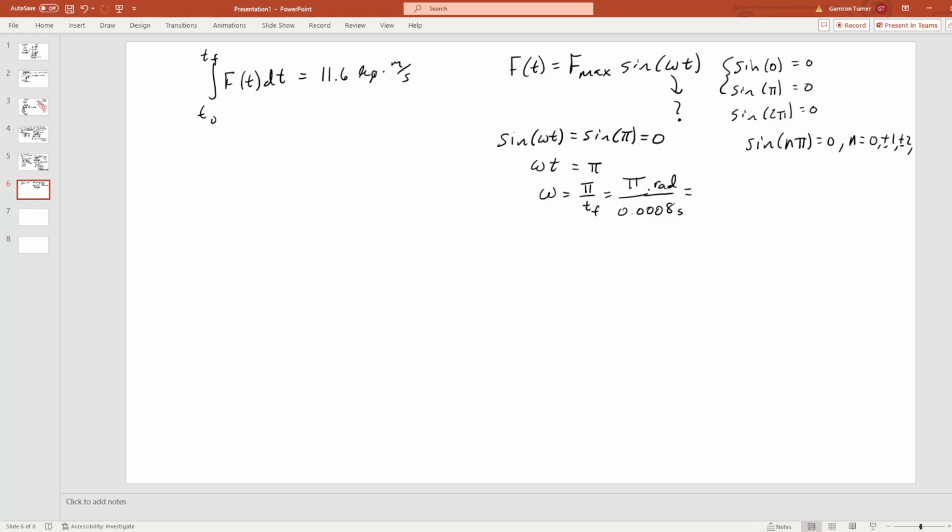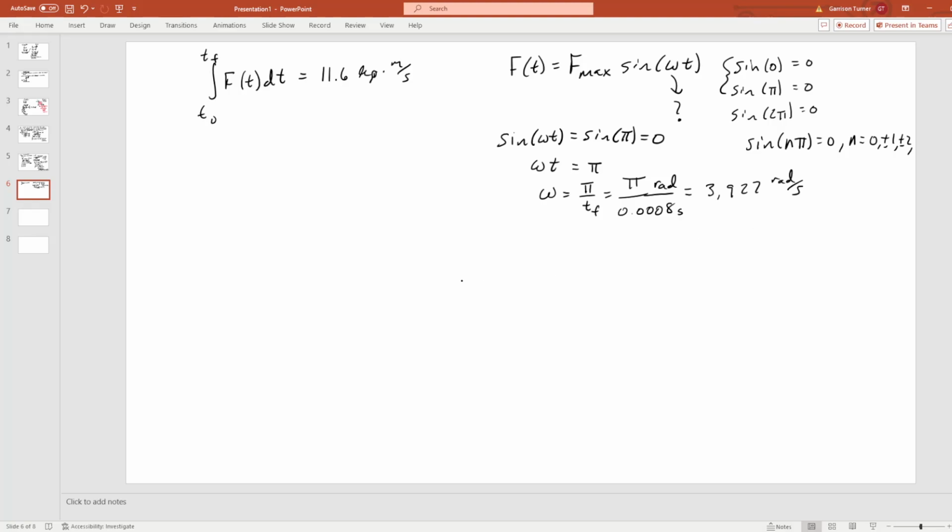And we're going to get pi divided by 0.0008. And so my omega is 3,926.99. I'm going to write that down as 3,927 radians per second. Okay.